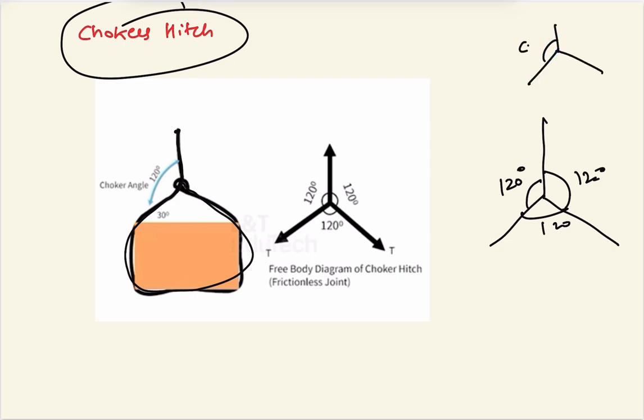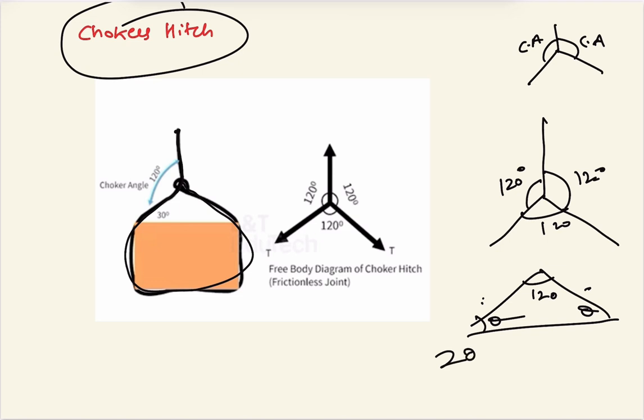Now if it has equal length, these two arms are the same, so this angle will be the same, theta. 2 theta plus 120 equals 180, 2 theta equals 60, so theta is equal to 30 degree. In this manner, this angle comes out to be 30 degree.